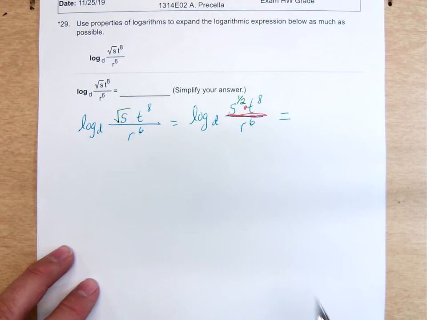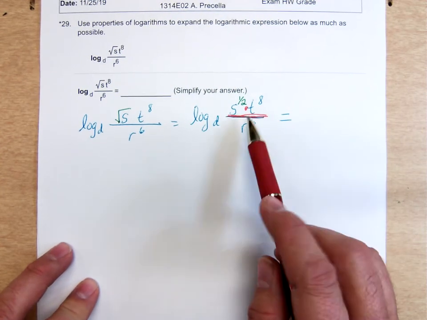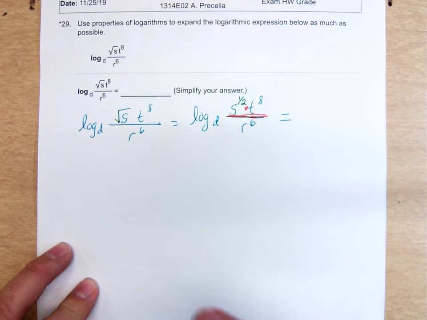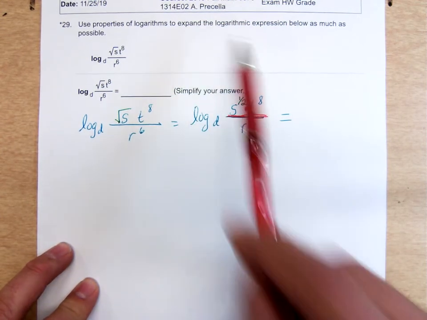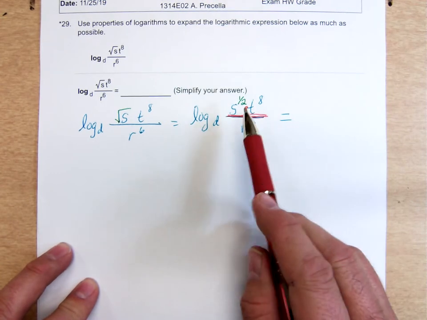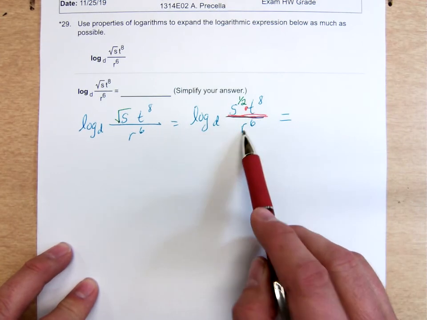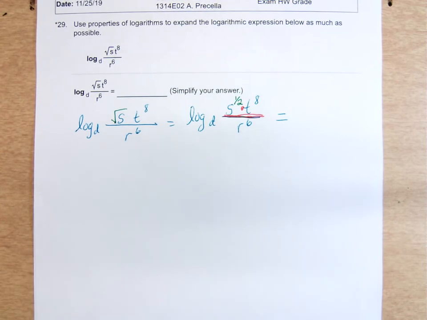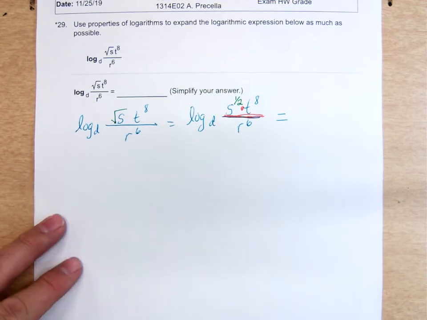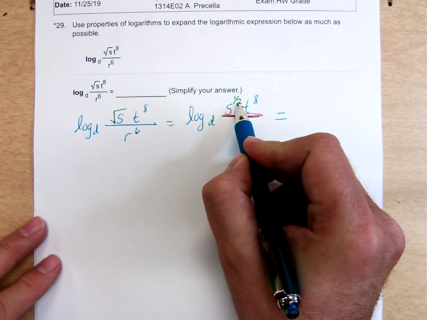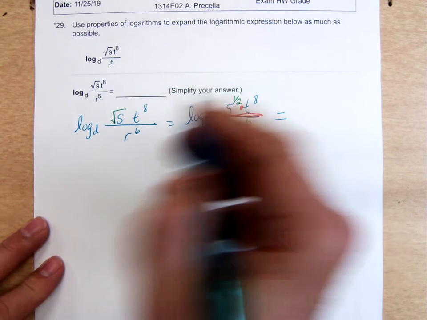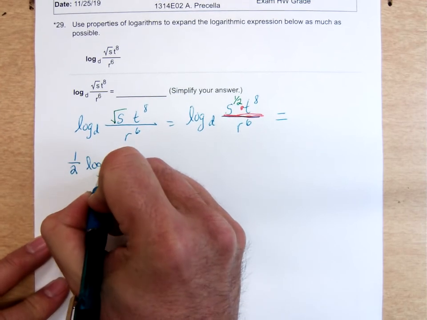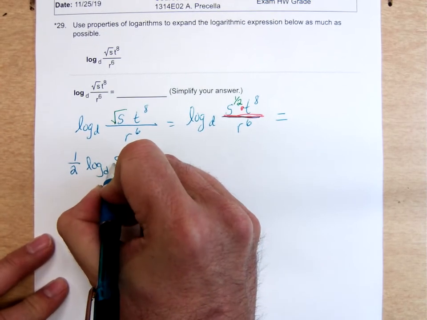If you can't put those dots or the division symbol, then it can't be separated. You can't expand it. As it stands, I'm going to expand this into 1, 2, 3 logarithms. How many minus signs am I going to have? Just one. So getting started, the exponent goes in front of the letter L. So I write 1/2 log base D of S. Typing this stuff in can be a little tedious.